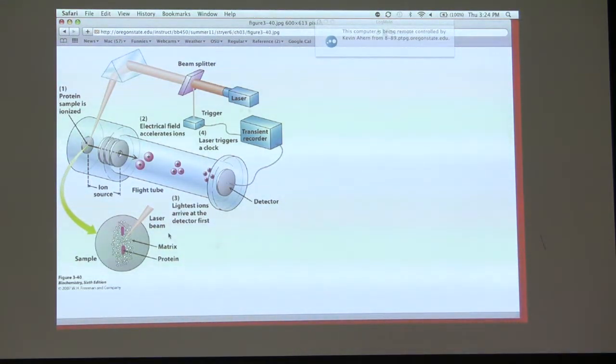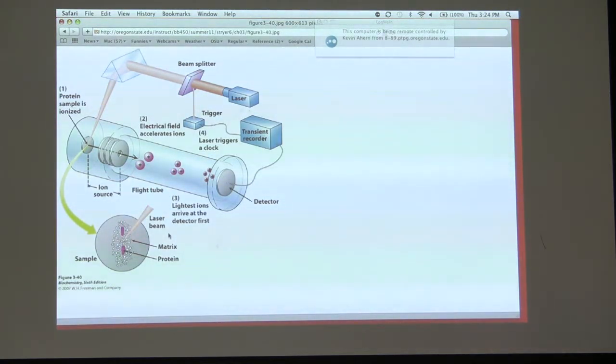And part of that wonderful ability that is now available in mass spectrometry is due to this sophisticated mass spectrometry technique called MALDI-TOF. Okay? MALDI-TOF has a long acronym. I'm not going to go through that. But the TOF, the T-O-F part, is called time of flight. And that will be important, as we shall see.